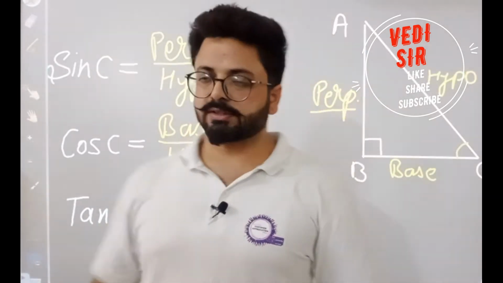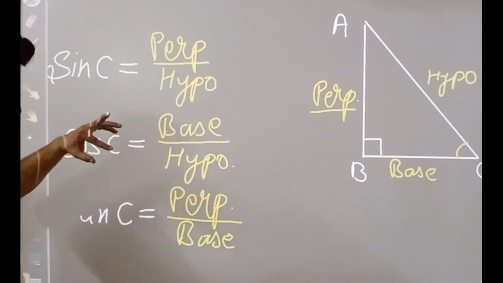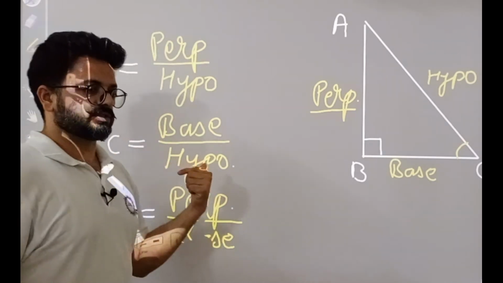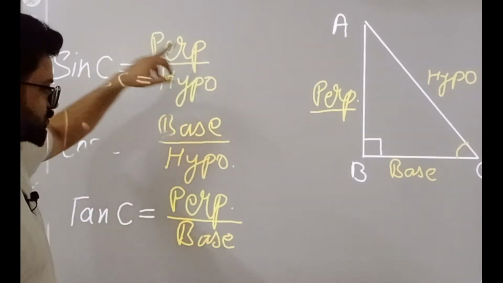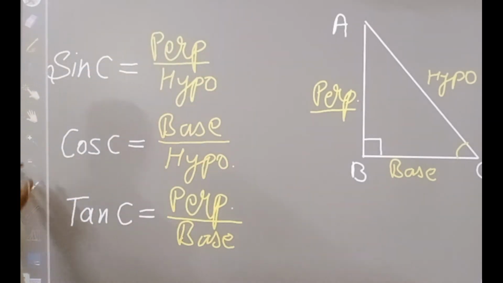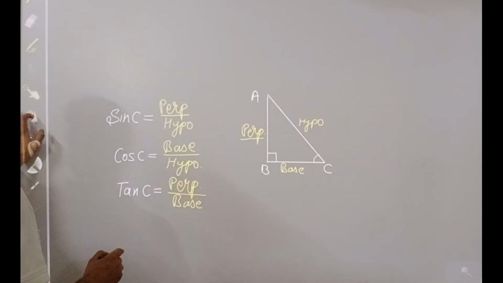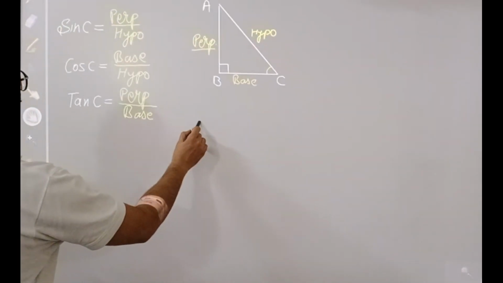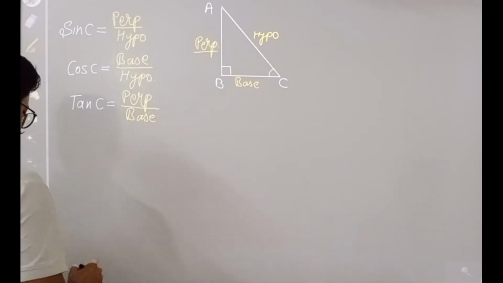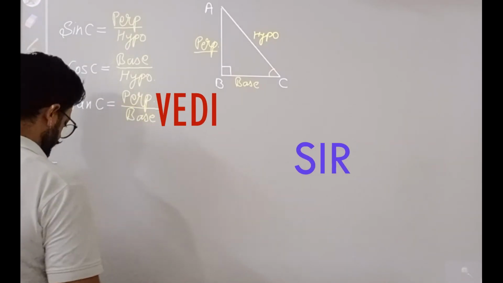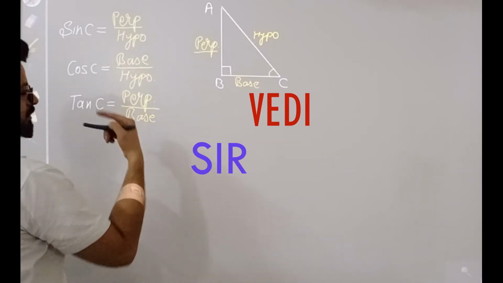Now after this, sine, cos, tan, there are three inverses of these. Inverse of this means the reciprocal of these, and those I am writing. Now the other ratio is perpendicular, this is first, second, third.